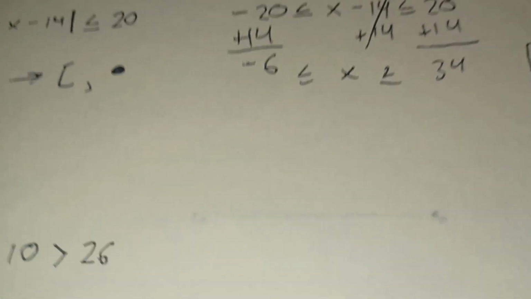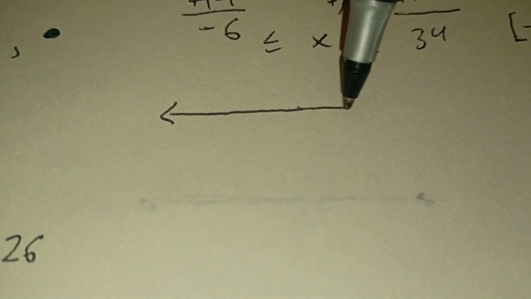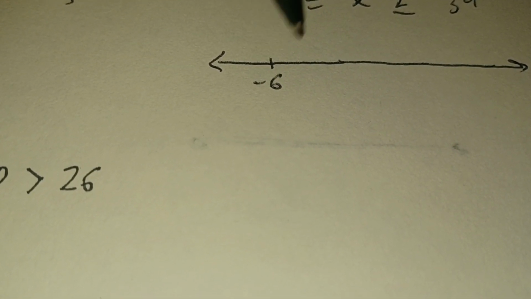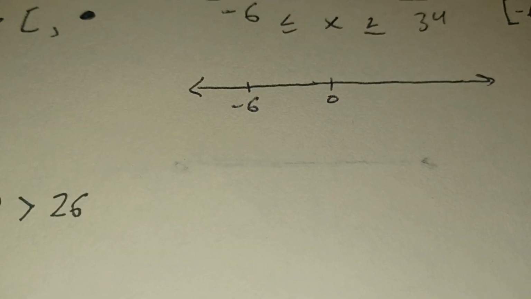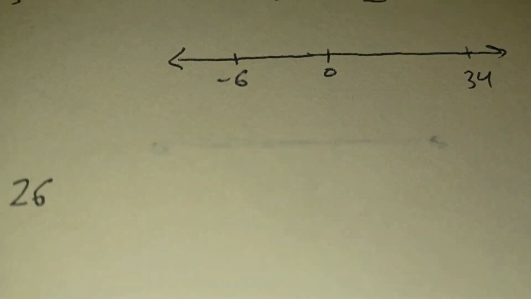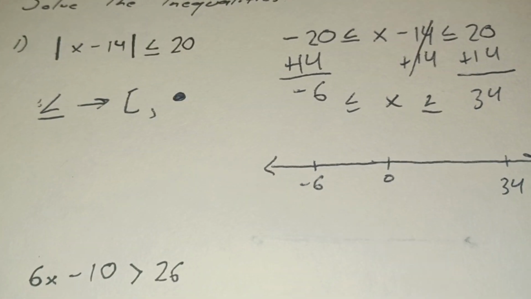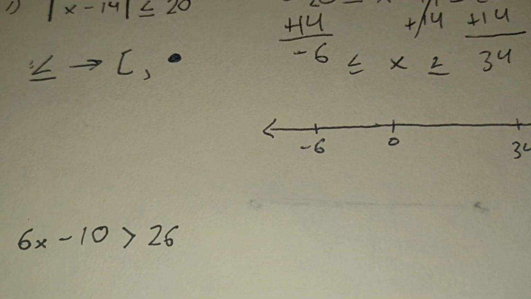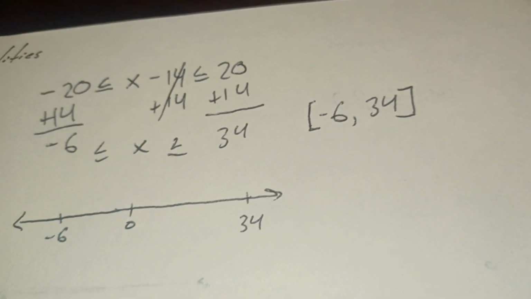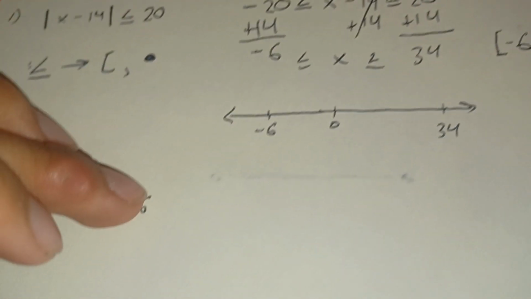So the way we sketch the graph, you draw your number line. Negative 6 is on the negative side. Let's just say 0 is right here. This is not to scale. 34 is right here. And since this is a less than or equal to sign, with a little equal sign at the bottom, and we use brackets, not parentheses, we are going to use a closed circle.